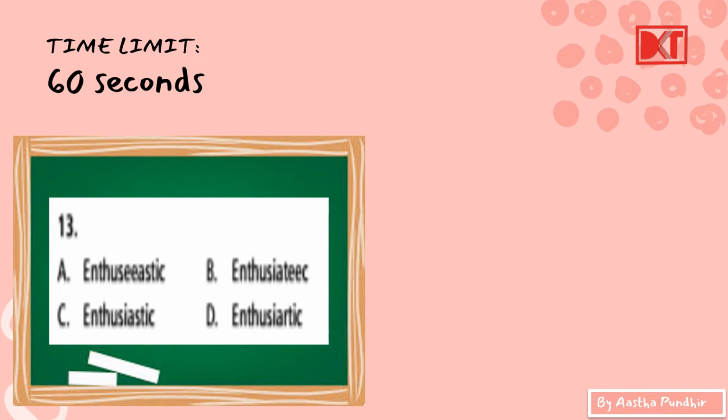Okay, here the word is enthusiastic, and the correct spelling is enthusiastic. Okay, enthusiastic means someone who's full of enthusiasm and quite motivated. Now these are just sample questions given to you.